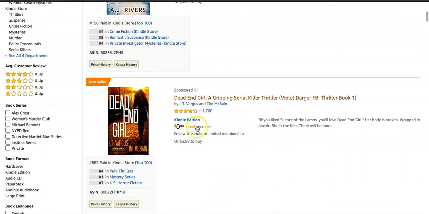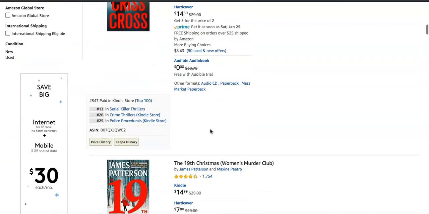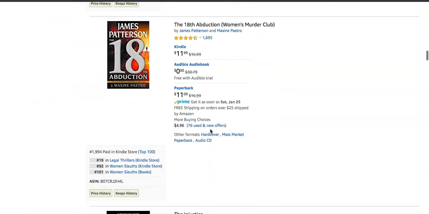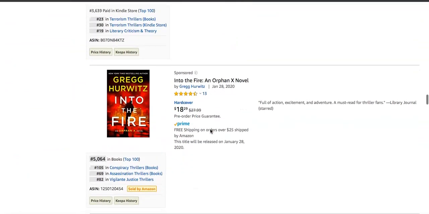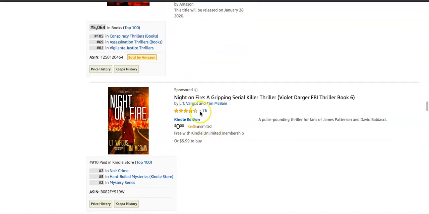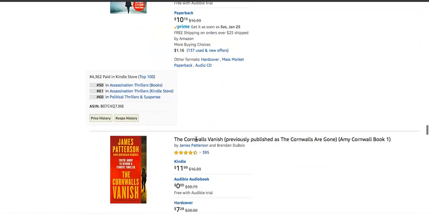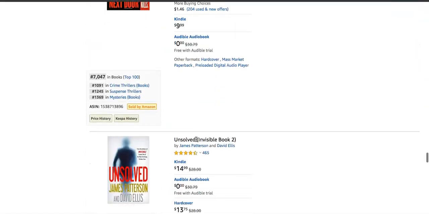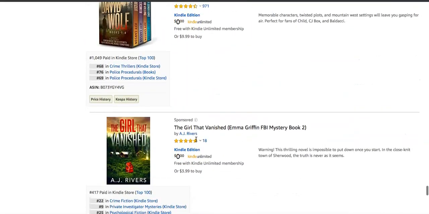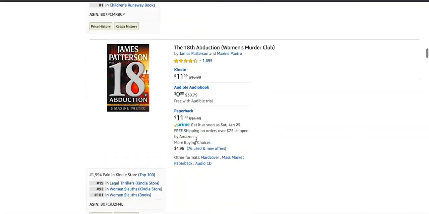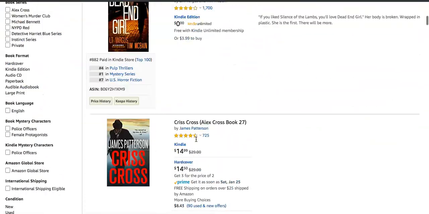So you'll see usually a couple of sponsored ones and then some regular. And then as you go down, you'll see some more sponsored. Here's one here. Here's one here. And then some more regular. And then typically a couple more sponsored at the bottom. And there they are. So that's one way that you're going to see your sponsored keyword ads.